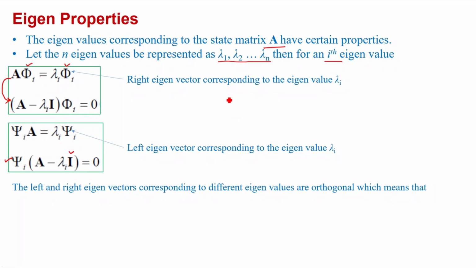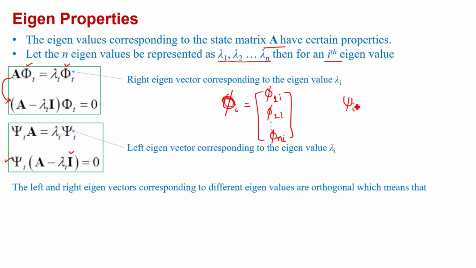If I expand the right eigenvector, it is a column vector with elements phi 1i, phi 2i, up to phi ni, right?